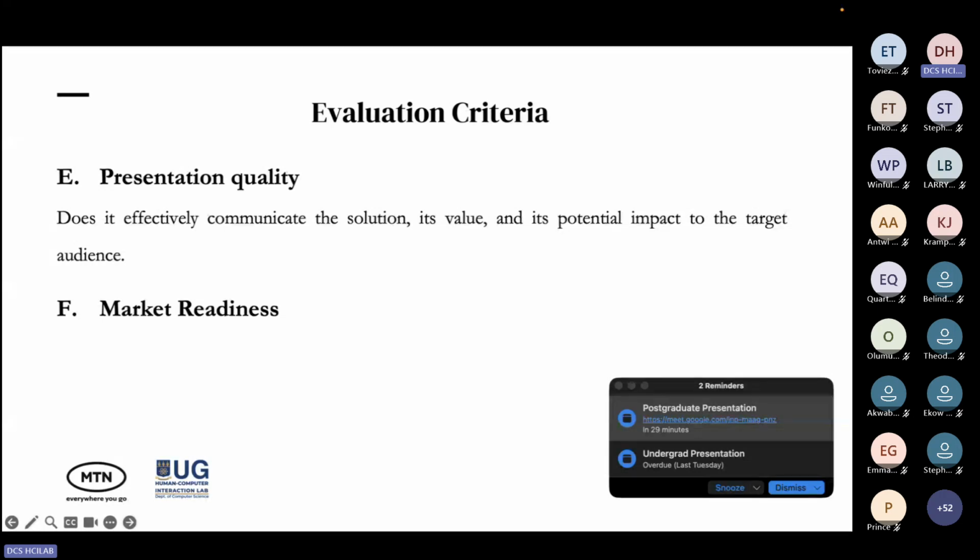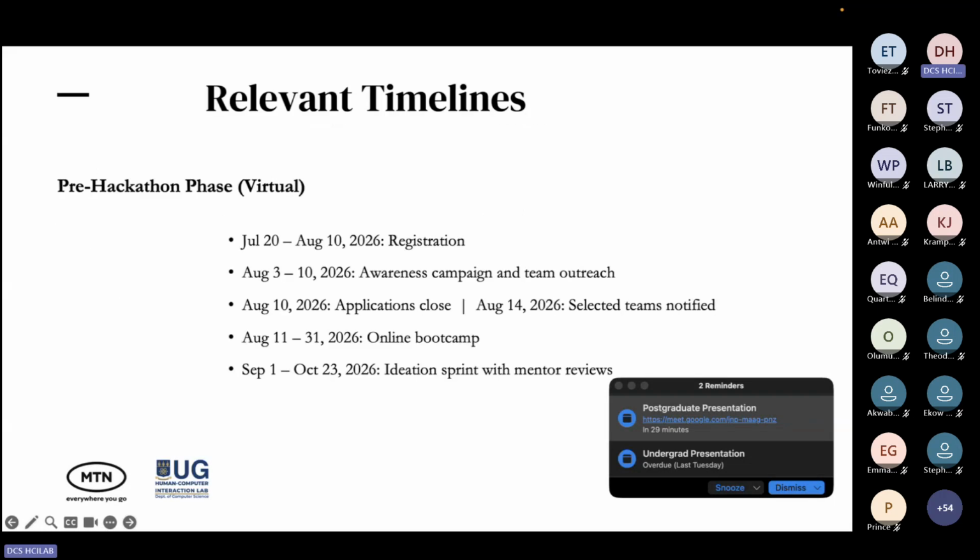And last but not the least, we would look at the market readiness of your solution. As I mentioned at the beginning, we do not want prototypes that will again end up on the shelves. We want something that is almost ready for adoption. Now, what are the timelines for this hackathon?